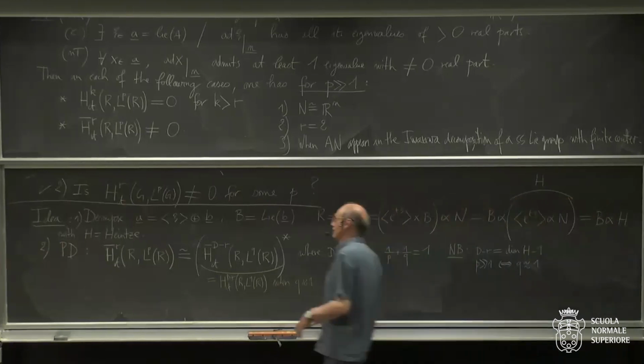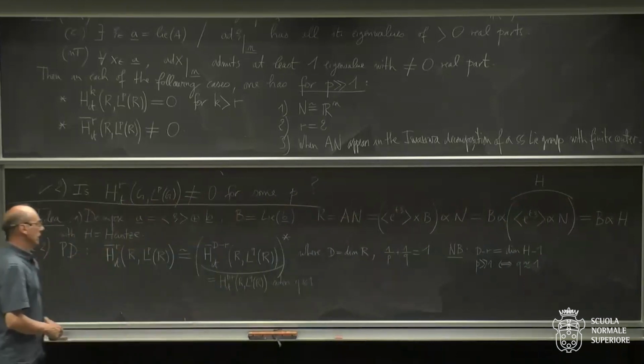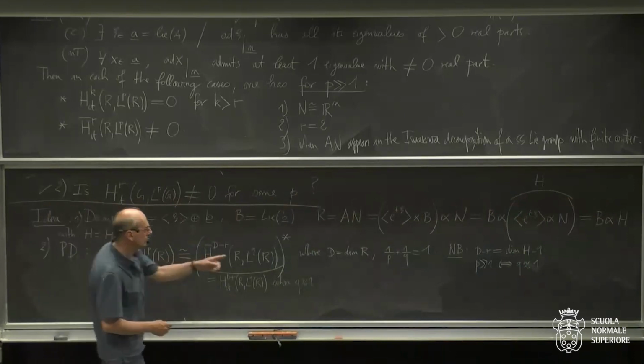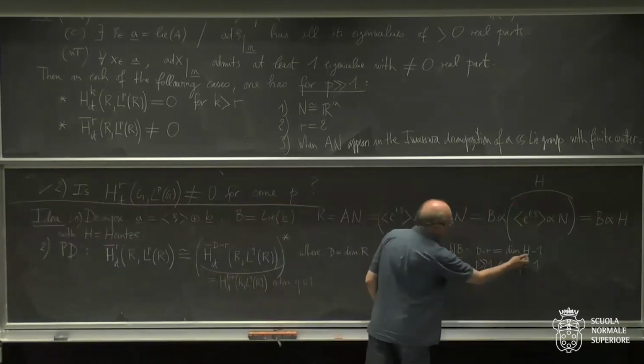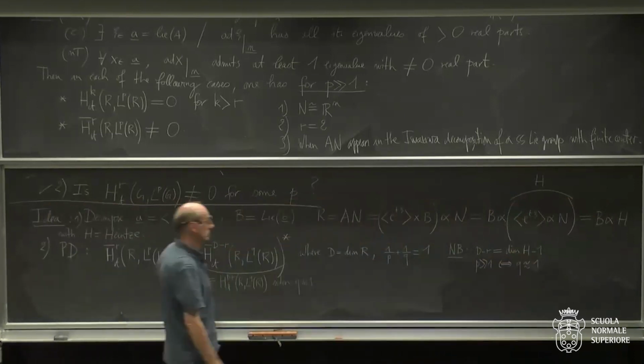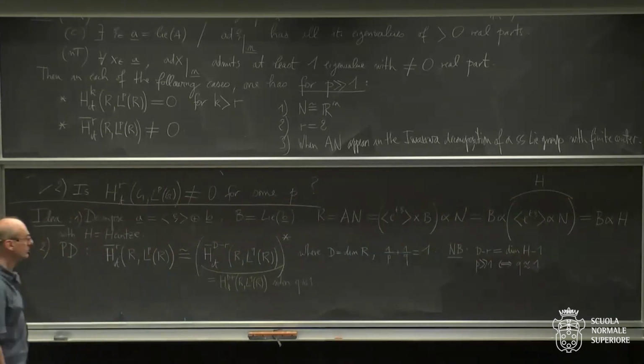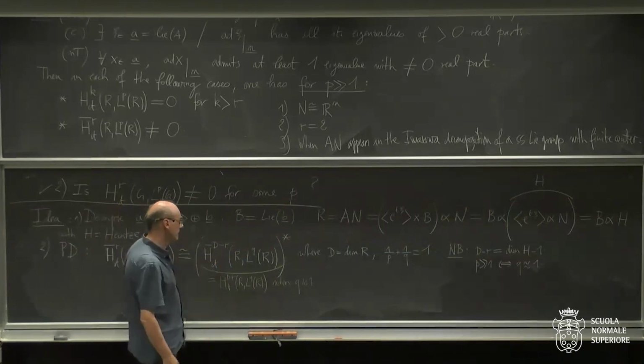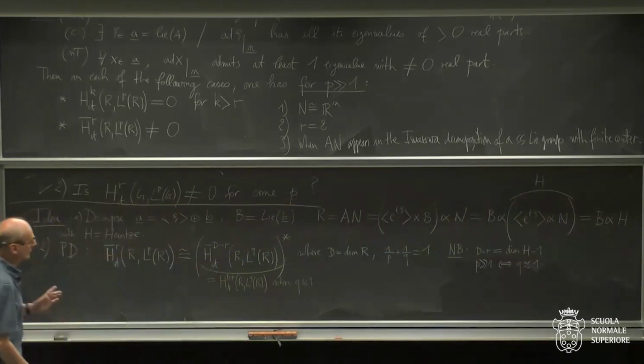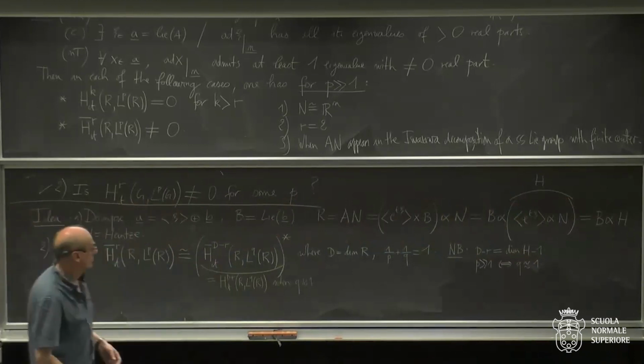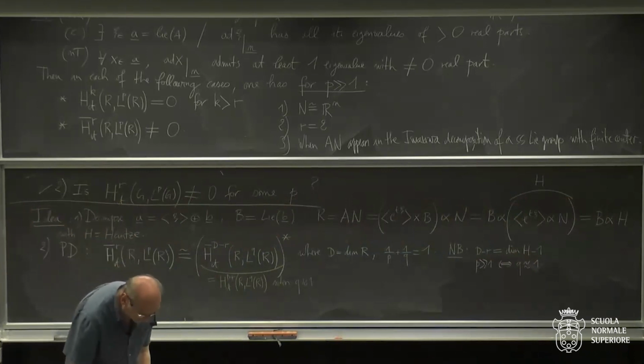So instead of working in degree r, I will work in degree the dimension of H minus 1, where the Lp cohomology of H is not so complicated, with q close to 1 instead of p large.